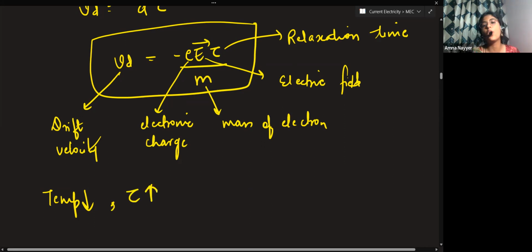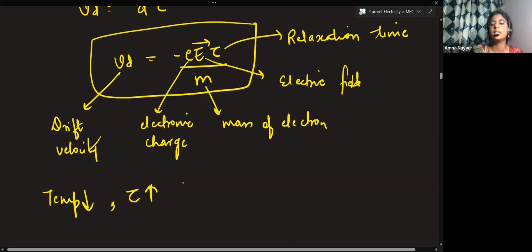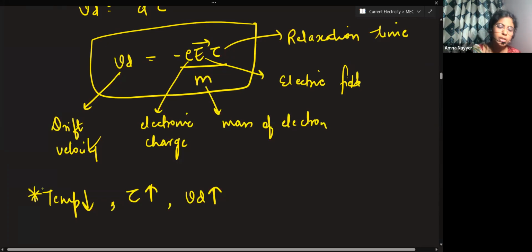These have opposite relations. So if tau increases, what will happen to drift velocity? Will it increase or decrease? It will increase. Good. So this drift velocity will increase. Opposite to it, if you increase the temperature, tau will decrease, drift velocity will decrease. So just remember this relation with the temperature.